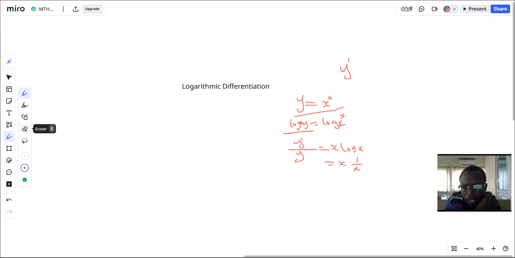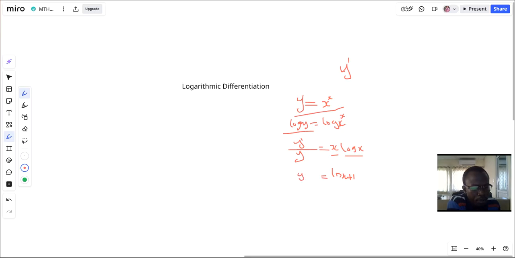Sorry, if you look at this, it is a product rule, because x is a function and log x is a function. So later, if you solve it, you are going to find, I believe, ln x plus 1.